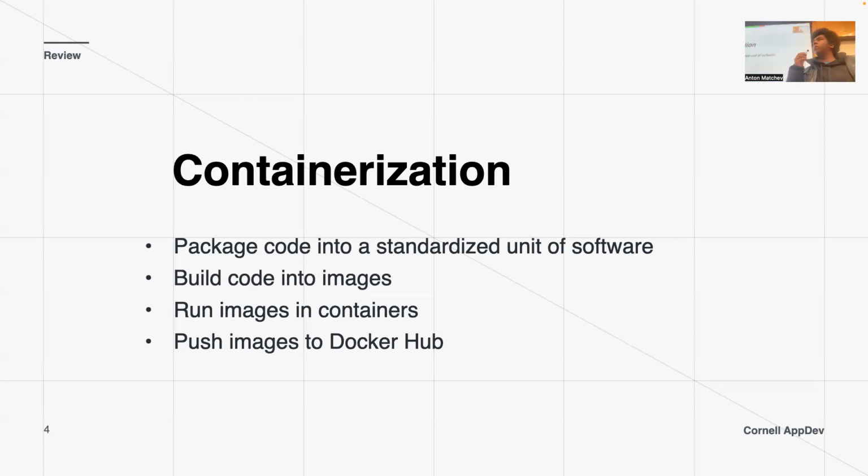So it's a nice light way of running your code in any sort of environment. And so you can build code into images, run the images as containers, and you can push them on Docker Hub, kind of like GitHub for these Docker images, so that other people can pull your image.